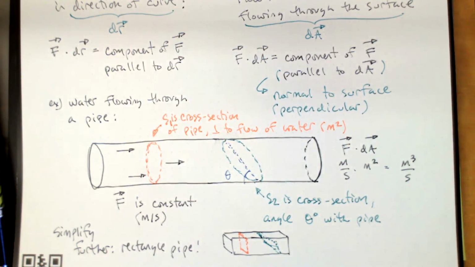So it looks like what this is going to tell us is the speed of the water through the pipe as volume per second, rather than length per second. This will be how much volume is going through the pipe. Let's think about what that means for our calculation.